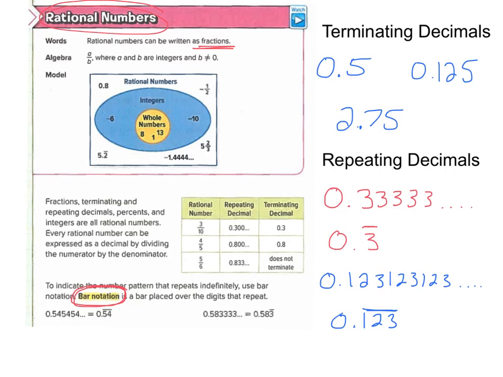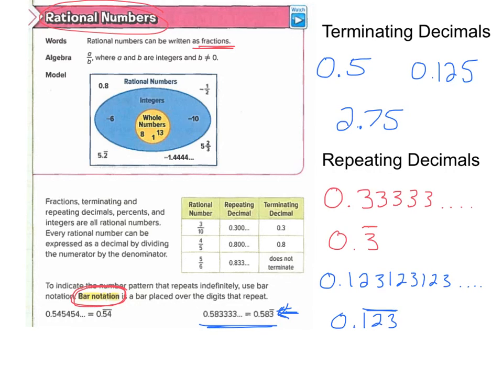If you look at this example at the bottom of the page, here it was 0.5833333. It was only the 3 that was repeating, so you'll notice that they only put the bar notation over top of the 3. But that little bar over top is what tells us that something is a repeating decimal.